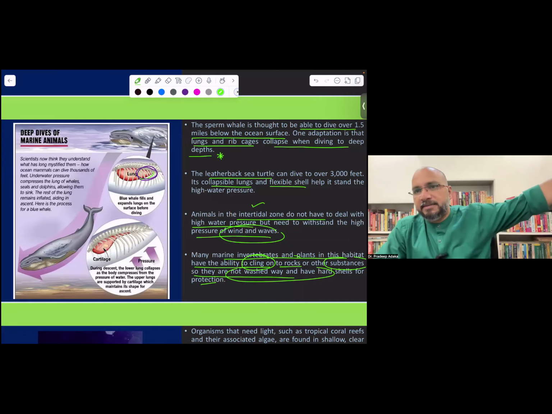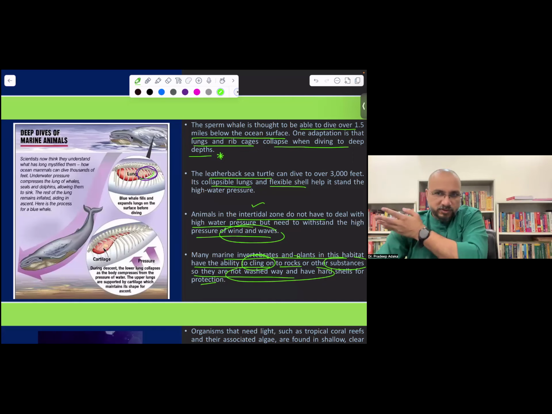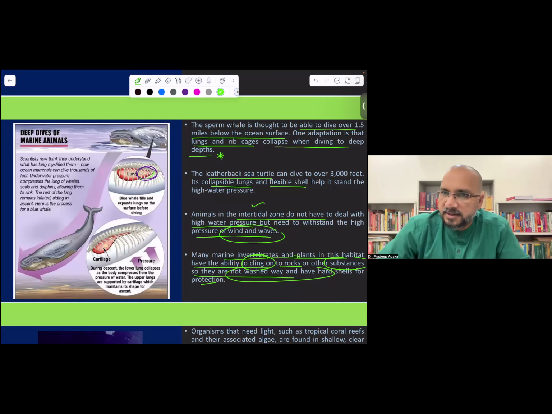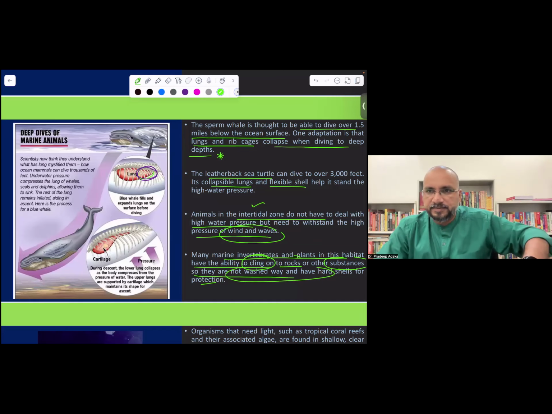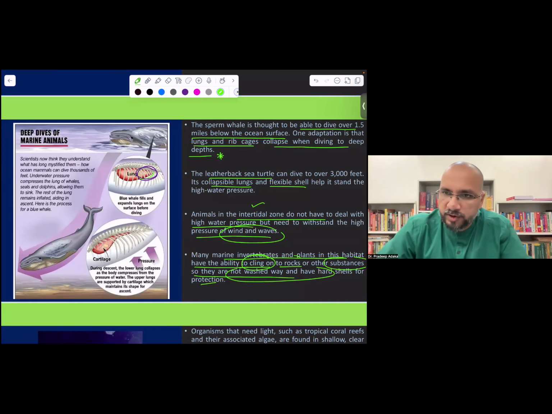Otherwise, the water will take them near the land, and at low tide, they will go back to the ocean. So they have to withstand this movement of water. They have to hold to the rock surface. They need some kind of anchorage. They have to dig in and anchor themselves so that they will not move easily by the movement of water or the wind.